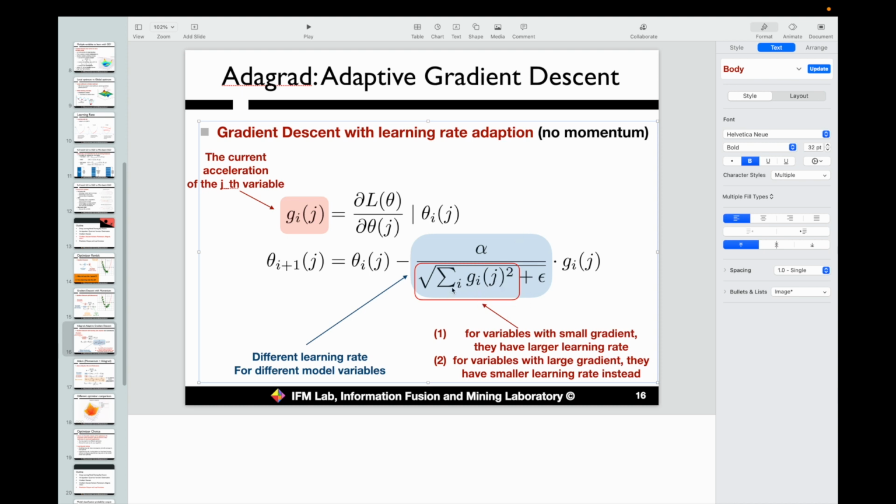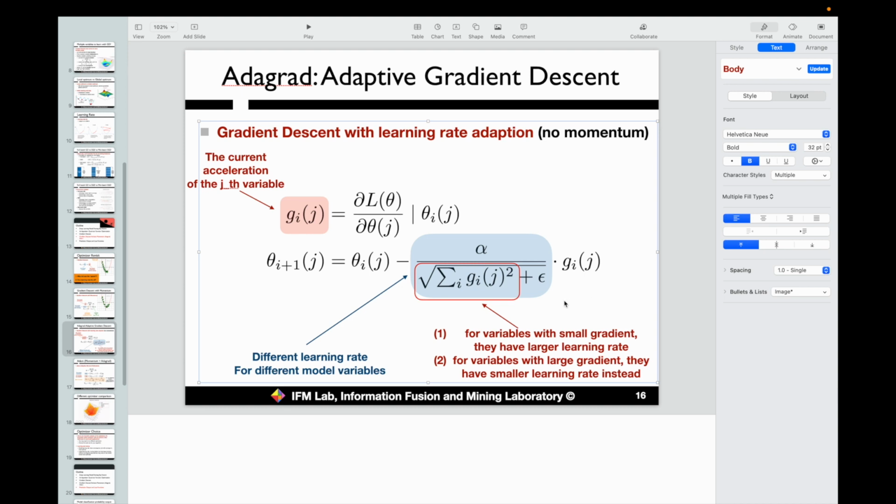So the summation here actually memorizes historical gradients. For the ones with small gradients, dividing by the historical gradients enlarges the learning rates. However, for the ones with large gradients, we lower the learning rates instead. In this way, we can balance among all the variables and allow them to have different learning rates depending on their historical gradient records, right?